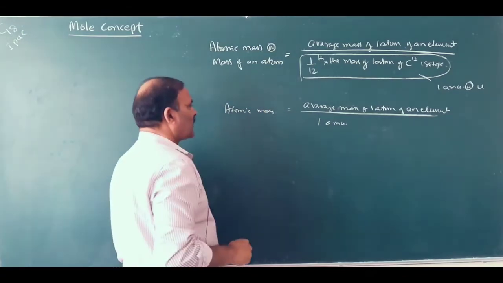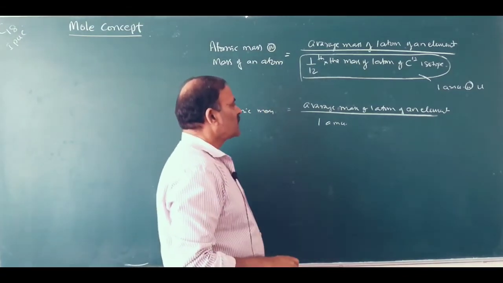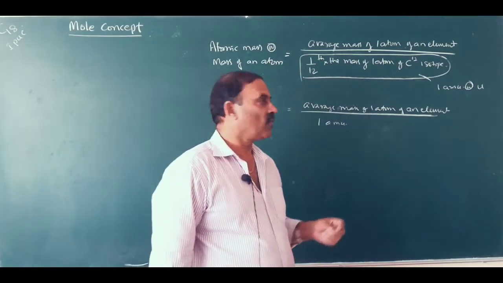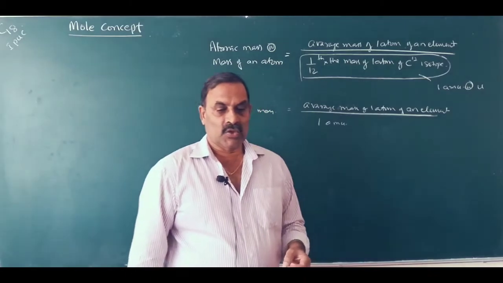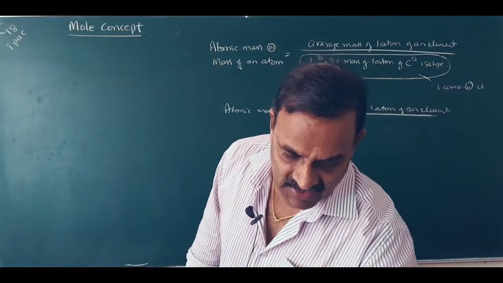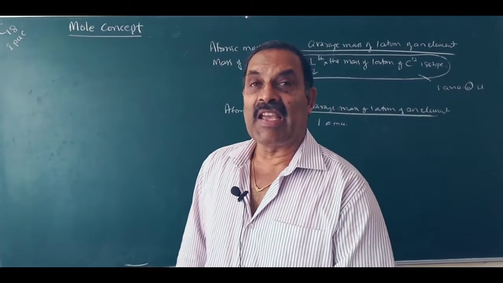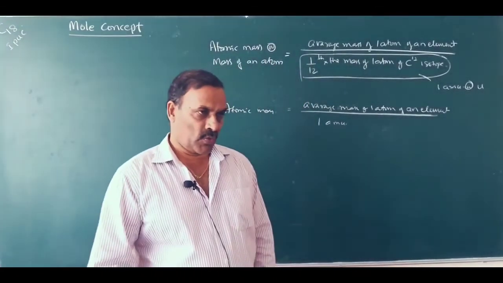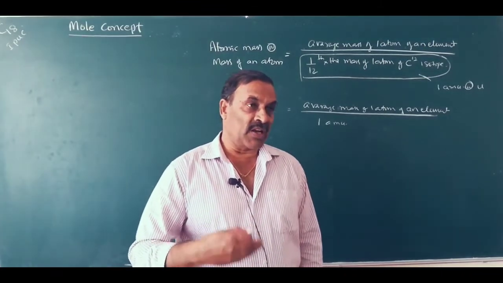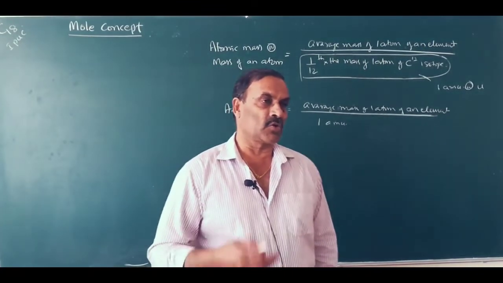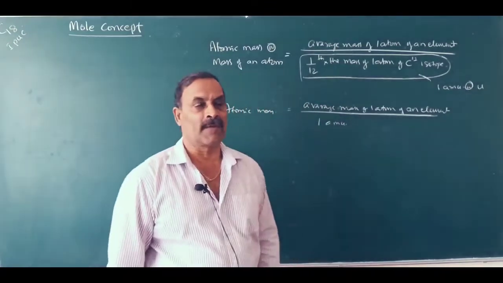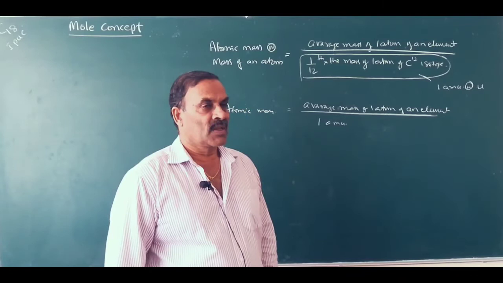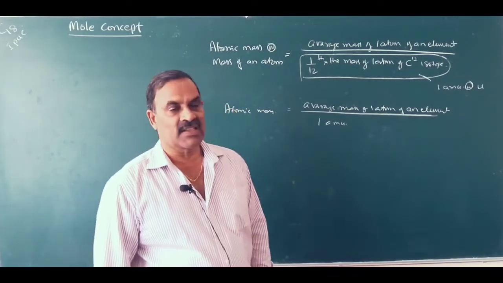So, for example, average mass of an atom of an element. What is the meaning of average mass of one atom of an element? In nature, many elements exist in isotopic forms. When an element exists in more than one isotopic form, namely 2 isotopes, 3 isotopes, 4 isotopes, etc., in such cases average atomic mass is considered.